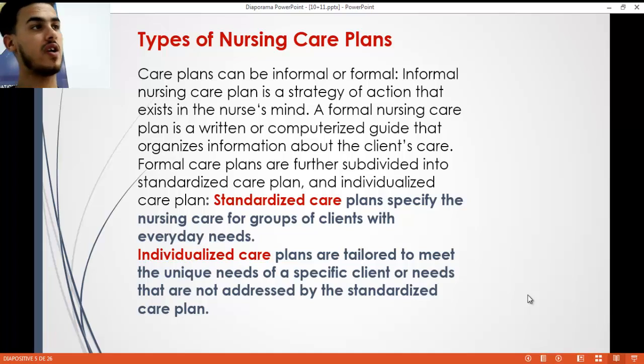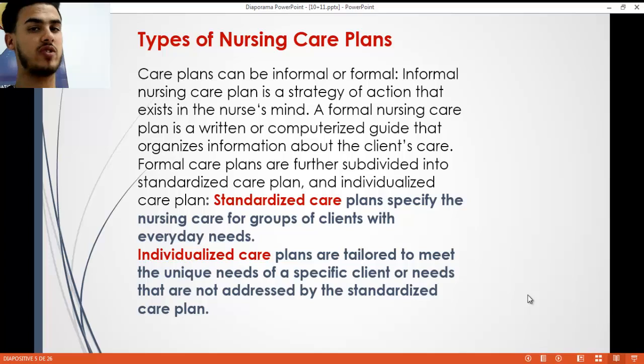So, we will move on and talk about types of nursing care plans. Care plans can be of two types or forms: a formal one or an informal one. An informal nursing care plan is a strategy of action that exists only in the nurse's mind, while a formal nursing care plan is a written or computerized guide that organizes information about the client's care.